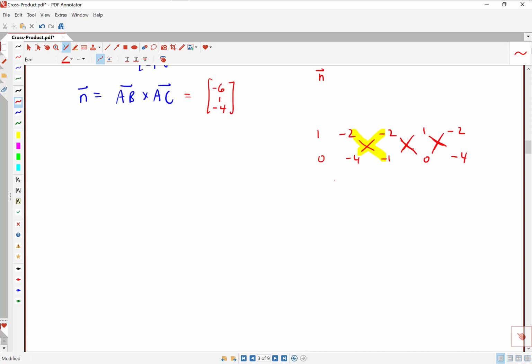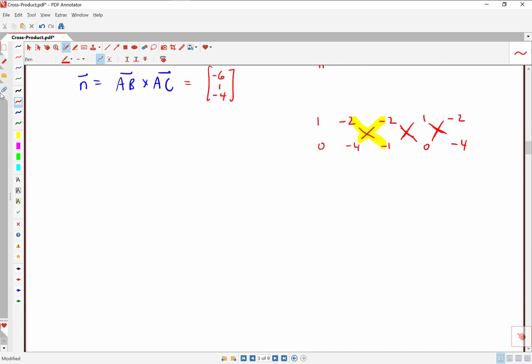And then once we've got that, if we're looking for the general form of the equation of this plane, we can start with normal form, where we go n dot x equals n dot p, where p here is just the vectorization of any point on the plane. So you could use point A, point B, point C. It doesn't matter which one you use, you're still going to create the same general form at the end of the day.